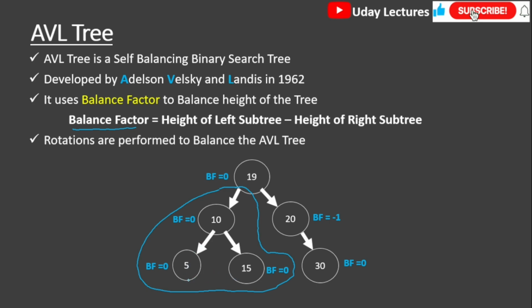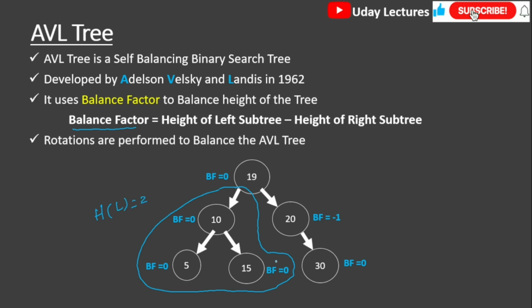The number of levels to the root node is nothing but the height. From 5 to the root node there are two edges, so the number of edges can also be considered, and there are two edges from the deepest leaf node to the root node. So the height of the left subtree is 2.